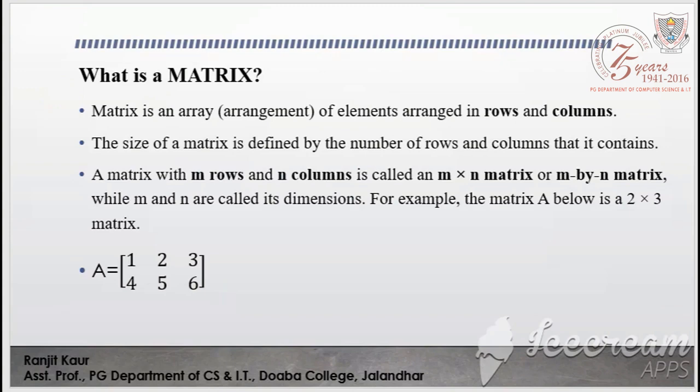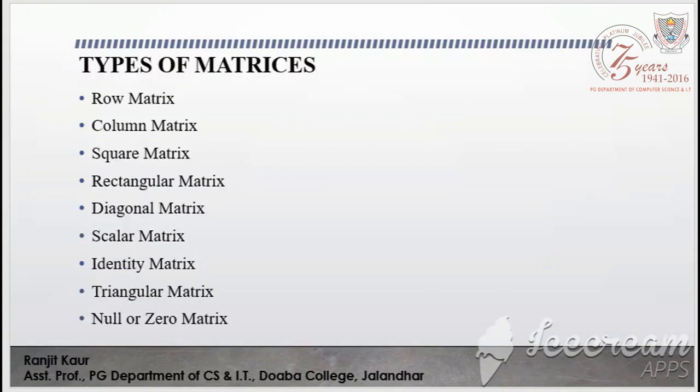So moving further, now let's see what the various types of matrices are. As you can see over here, there are these different types of matrices: row matrix, column matrix, square matrix, rectangular, diagonal, scalar, identity, triangular, null or zero matrix.